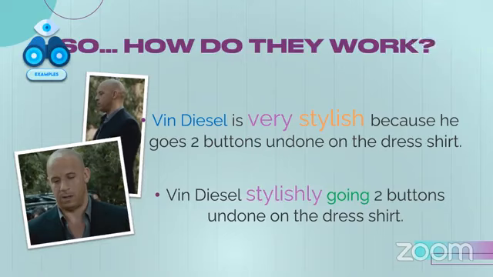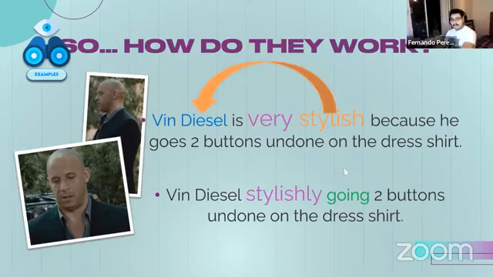Well, I think that the word category changes, and the first one is describing Vin Diesel, and the second one is describing the verb. Very good. The first one is describing Vin Diesel, like Rafa said, and the second one, excellent, Isaac, that's precisely the thing.